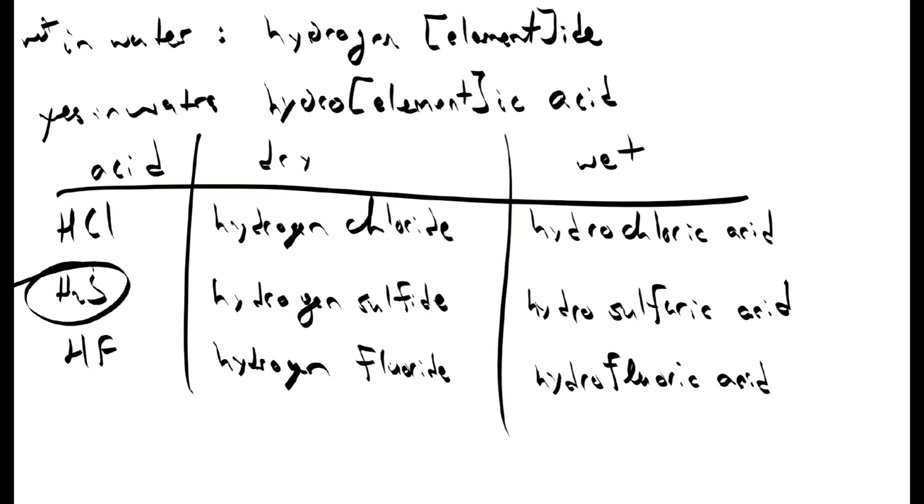Now, the other case is the oxoacids, or the oxy acids, and that is slightly more difficult. You still have a difference between dry and wet, but now the name of the acid is going to change slightly depending on what oxoanion is involved.